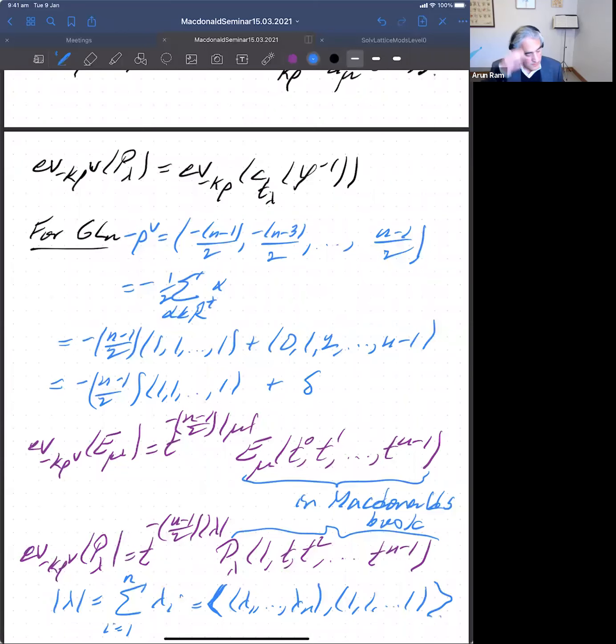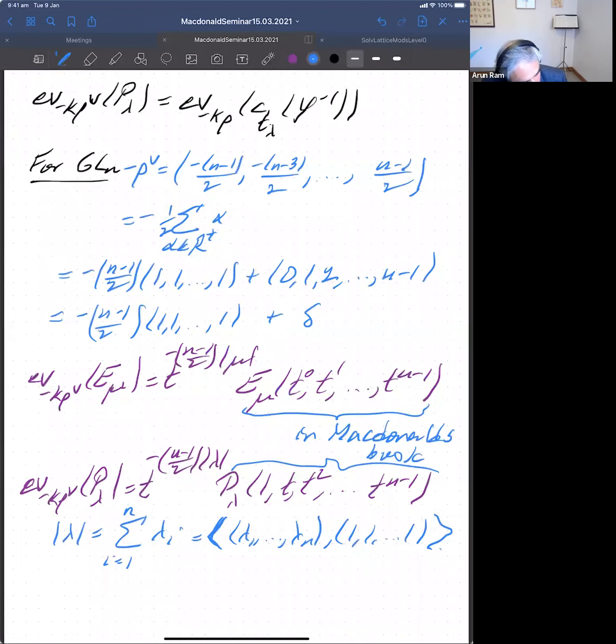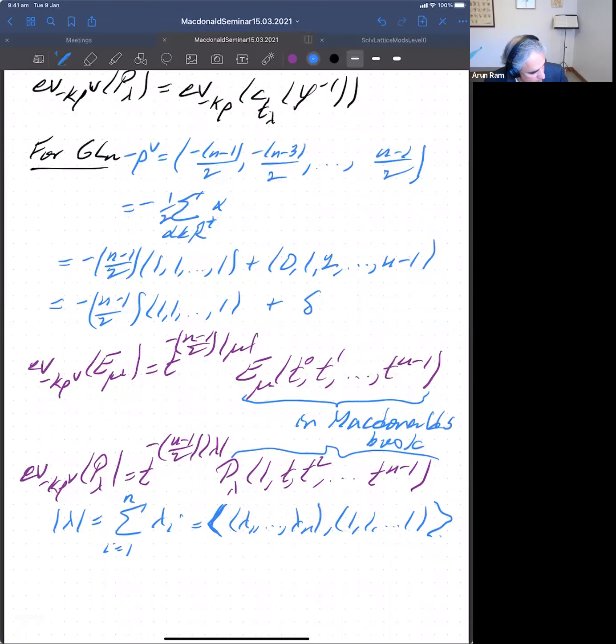All right. Okay, so why did I say all this? Just to make contact between my formulas for principal specialization and Macdonald's way of writing it in his book, and for another reason. Now you can do just a small calculation which shows that this n of lambda is actually equal to (n minus 1)/2 times the weight of lambda minus something of lambda.